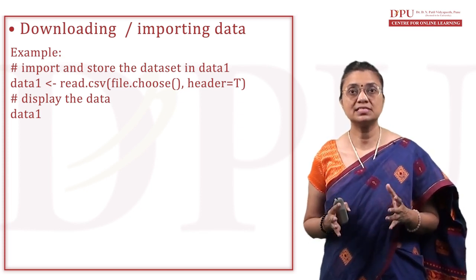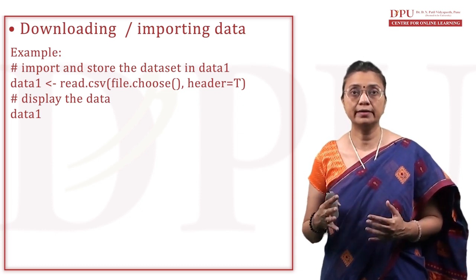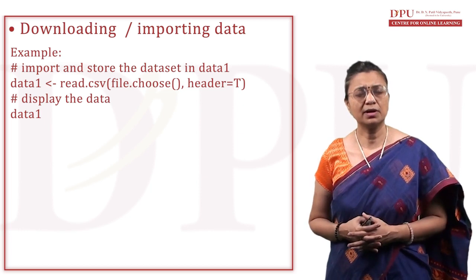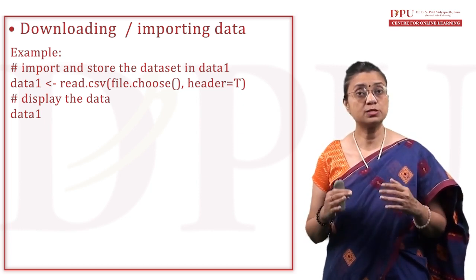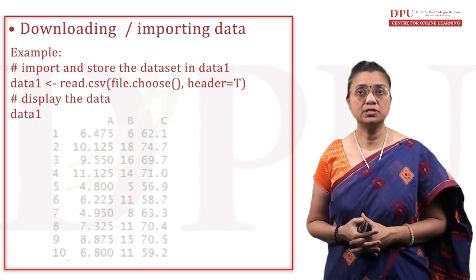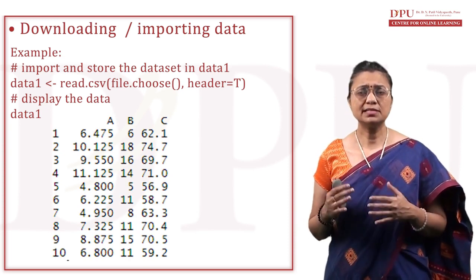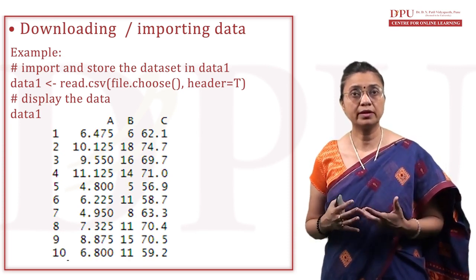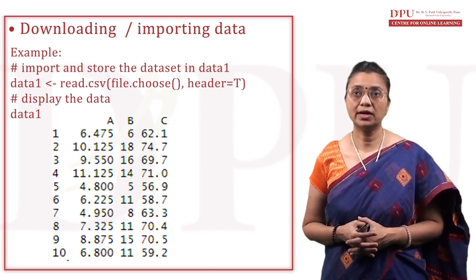So data1 is the variable where we are loading the entire file along with the header. And then in the next command, we are just typing the variable data1 and displaying the entire data. So you can see the entire data is printed on the screen in the form of a report. We can say it is a direct report where all the records are considered, and the output is there on the screen on the right hand side.